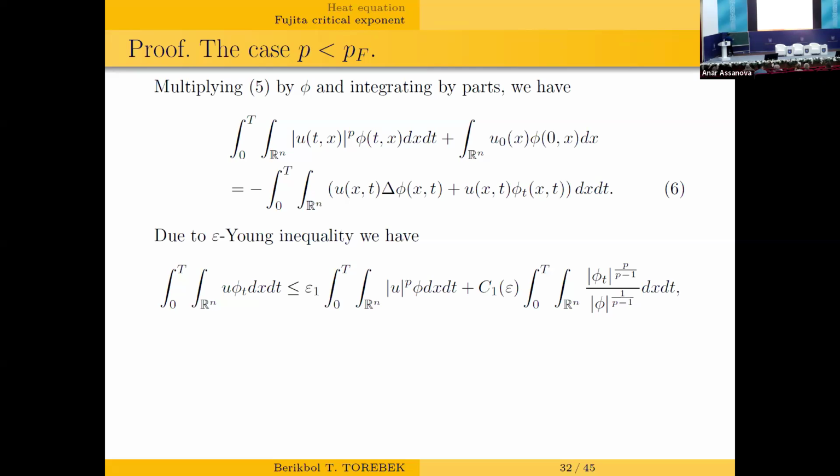Here, we can write this one, write this one. Here, phi to the power of 1 divided by p minus 1 divided by p. Here. Function phi.